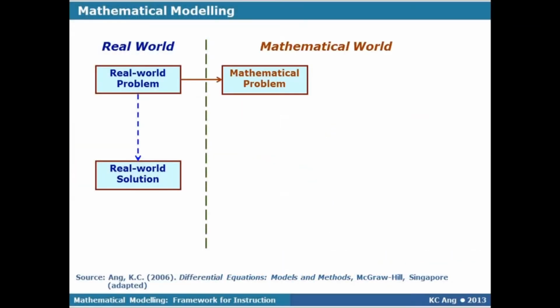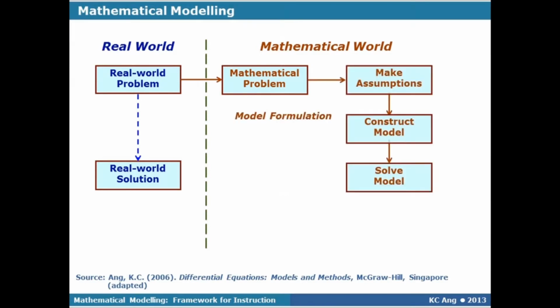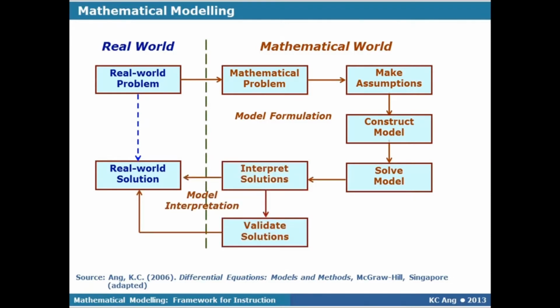So in mathematical modeling, we turn that into a problem in the mathematical world. Maybe we need to make some assumptions to simplify the problem a little bit, then construct the model, solve the model, and then if we get a solution, we try to interpret the solution in terms of the real world, and maybe go through a process of model validation.